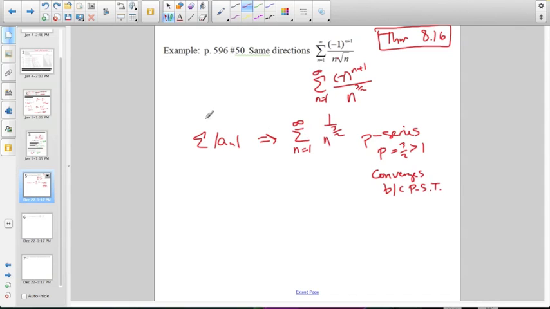So we know that the absolute value converges, so therefore by Theorem 816, and you don't even have to write that, but I'm going to reference it since we just looked at it.